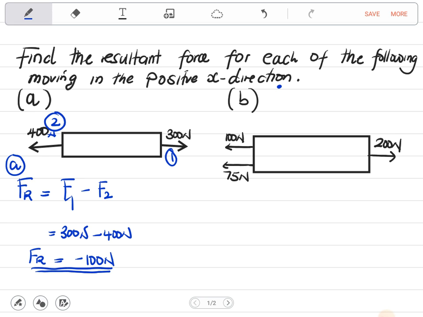Yes, you can find the force in the negative form. What this tells you is that this force is not going in the direction where the object is moving, but it's acting the opposite way. So you can say 100 newtons in the 400 newton direction.